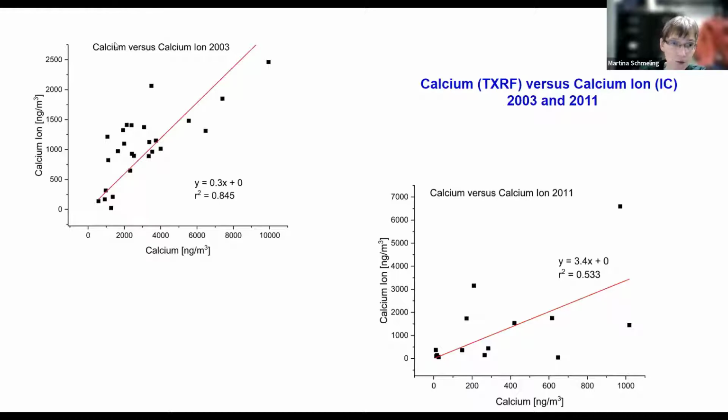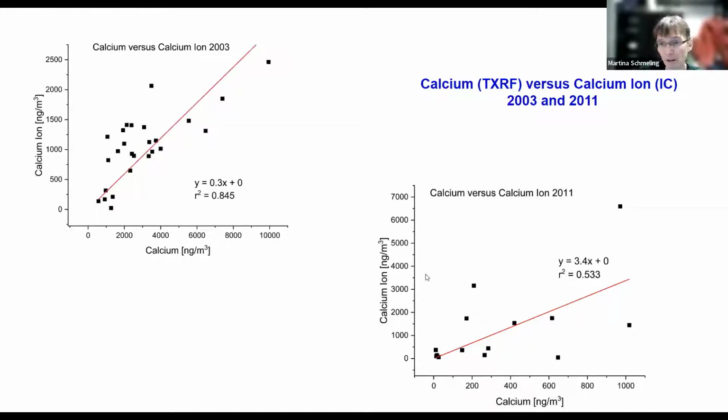And what you see for 2003, which was somewhat surprising, despite the acid digestion, is that there is a decent correlation between calcium ion and calcium element. The correlation coefficient is 0.845, and that is relatively good. For 2011, interestingly, where you would expect a correlation, there wasn't one. Or I would say it's modest, it's not really significant, there's not much happening.